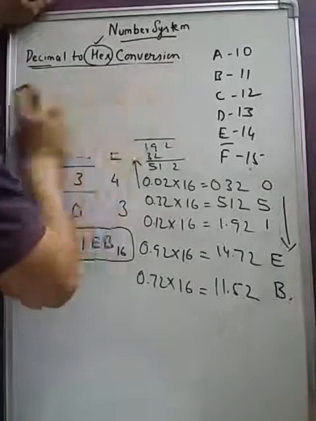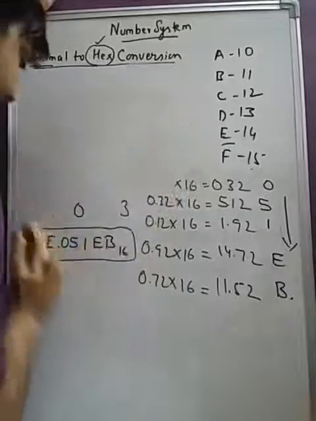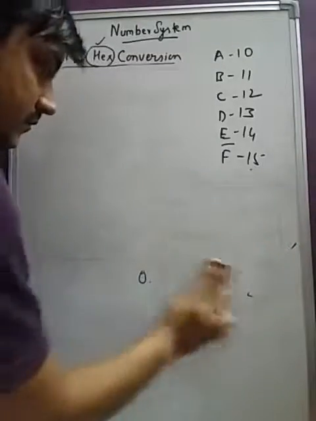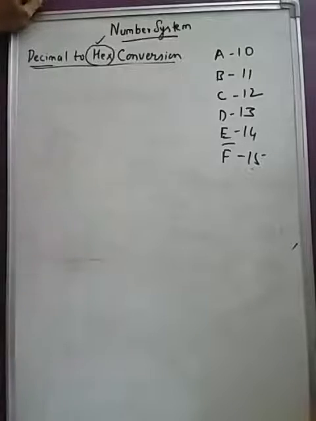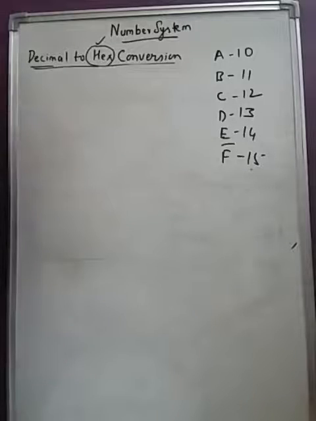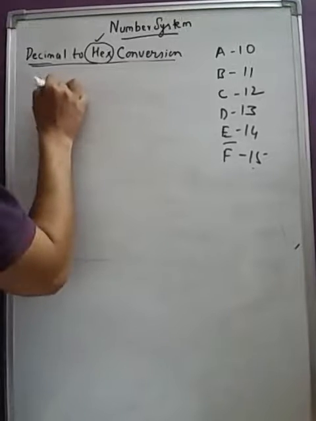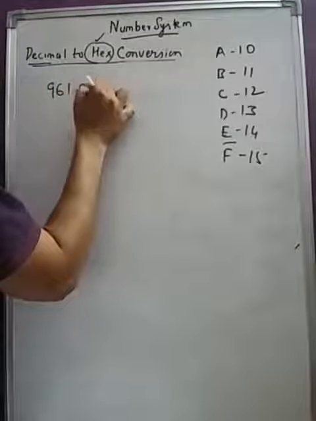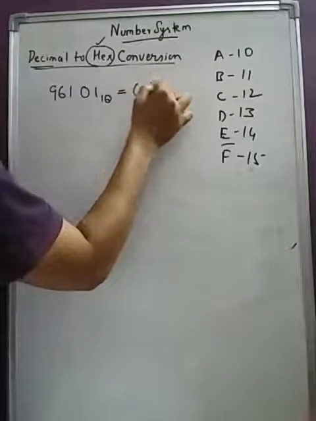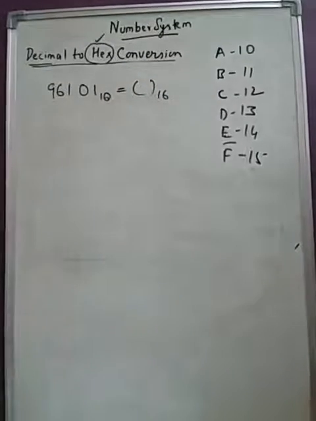Okay, let's quickly take up one more example. Now in this example, let's take 961.01 base 10, and you have to convert it to the equivalent hexadecimal number system.